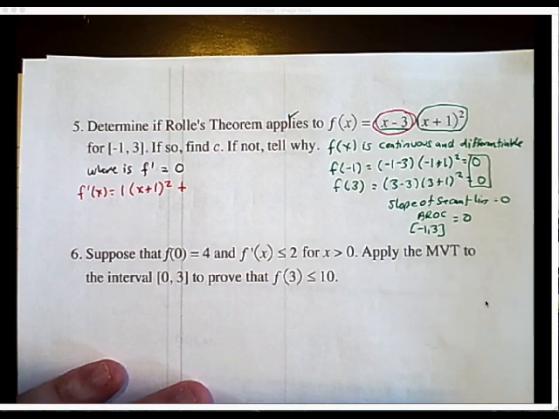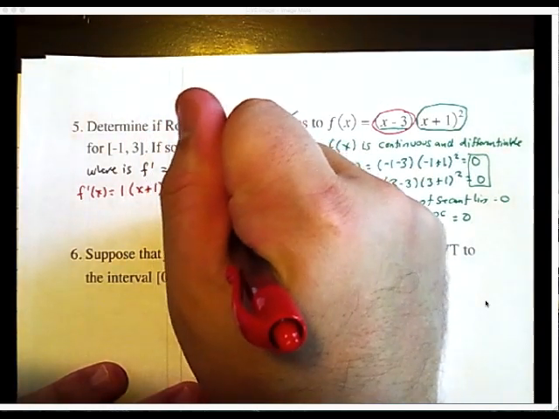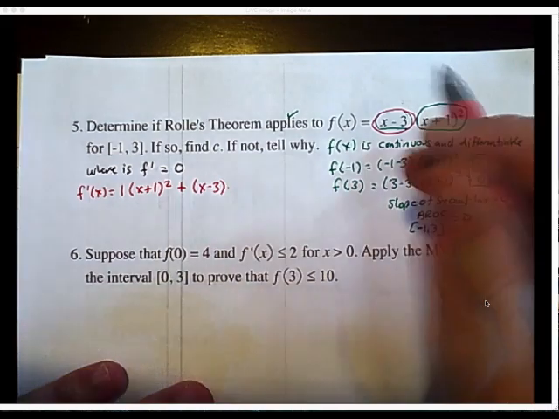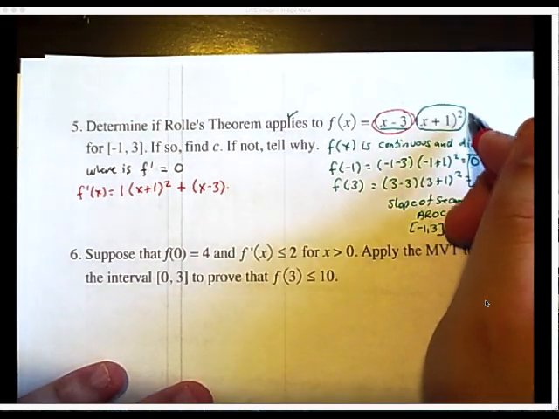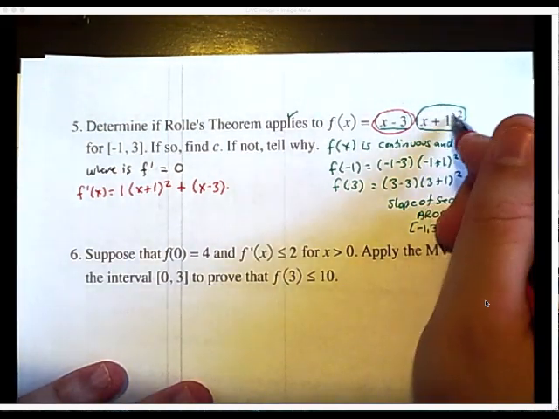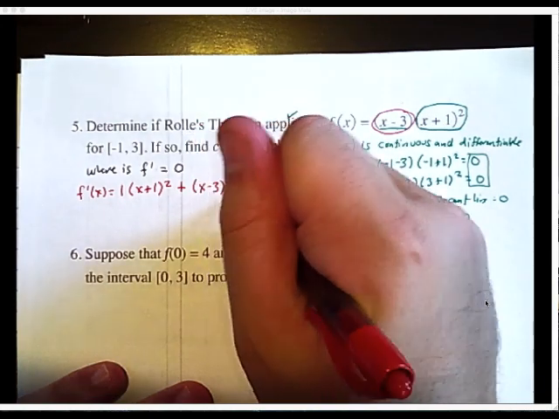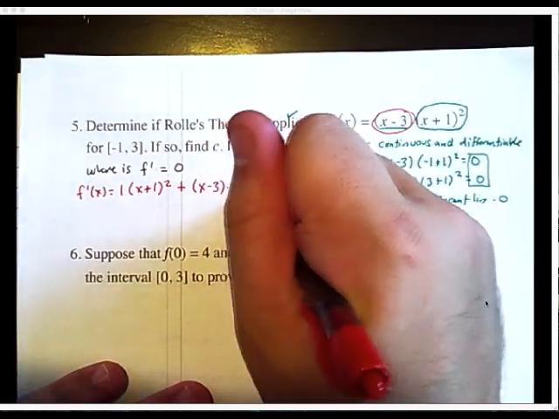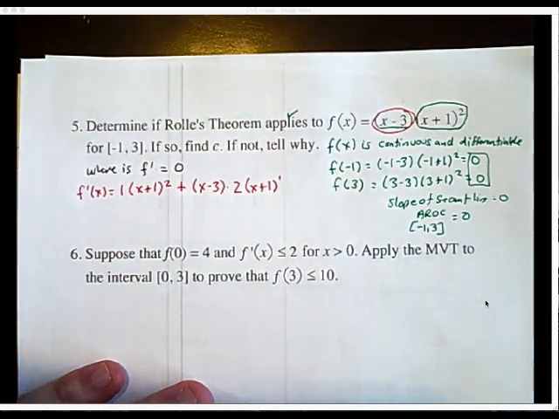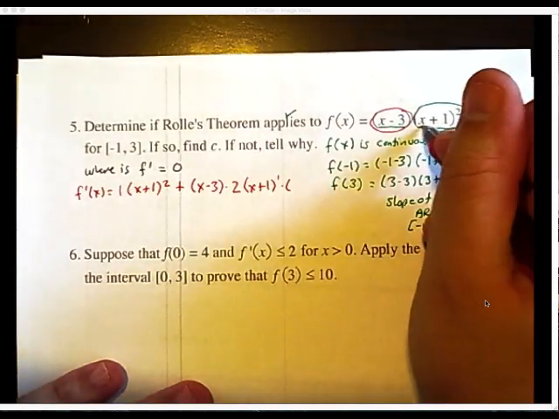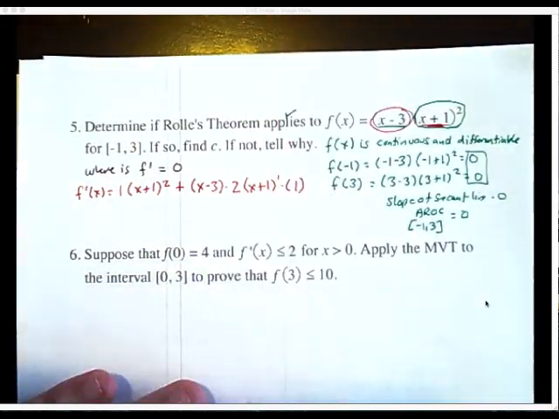Plus the first term, x minus 3, times the derivative of this second term. So I have to use chain rule here. The 2 comes in front. The parenthesis stays the same. We're going to reduce the power by 1. And we're going to multiply times the derivative of the inside. In that case, it's just 1.